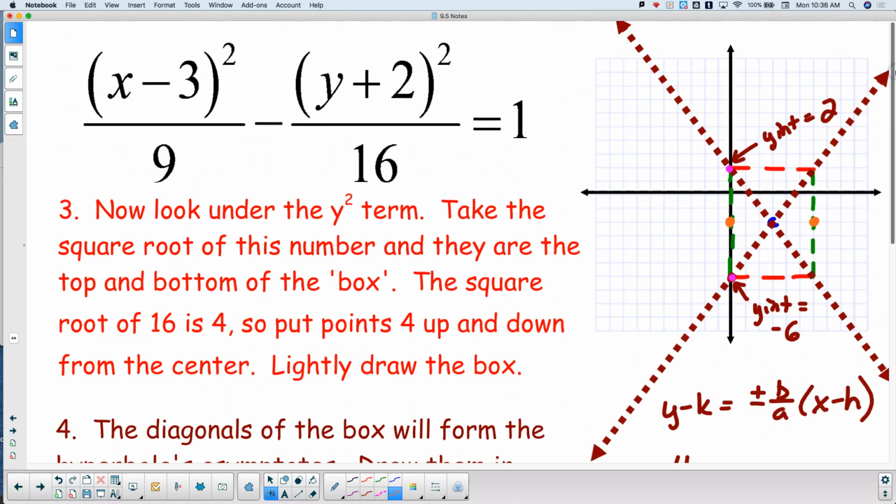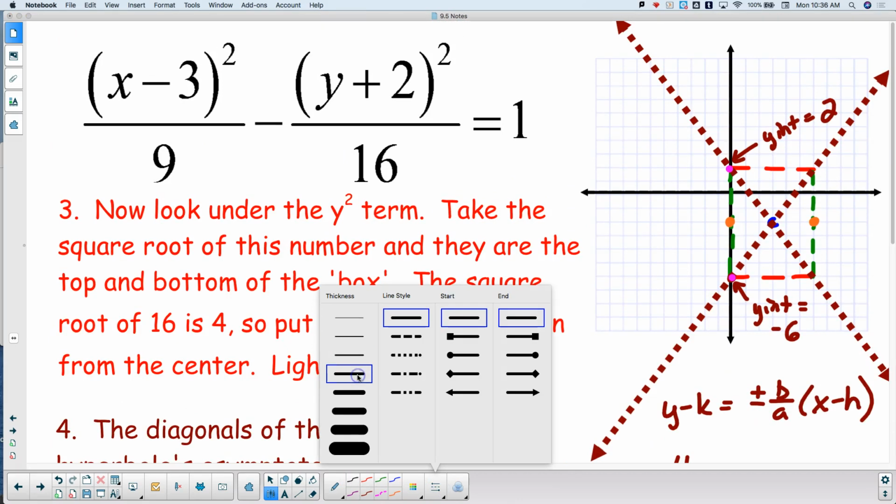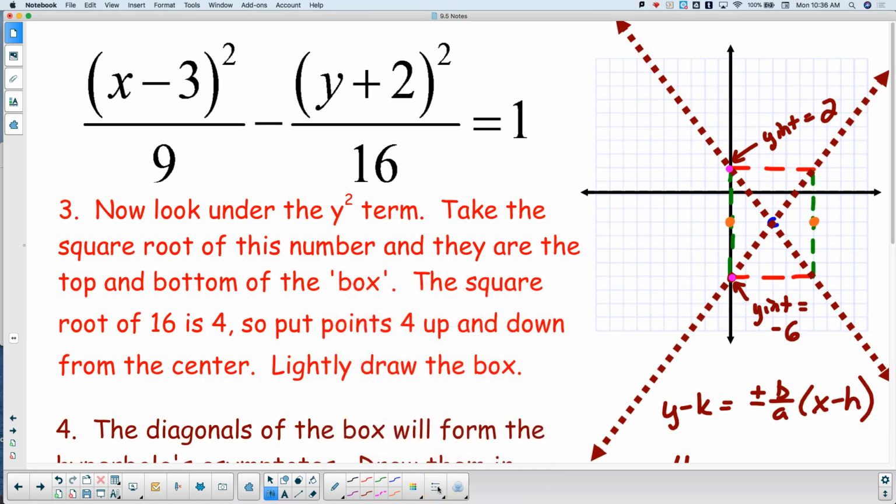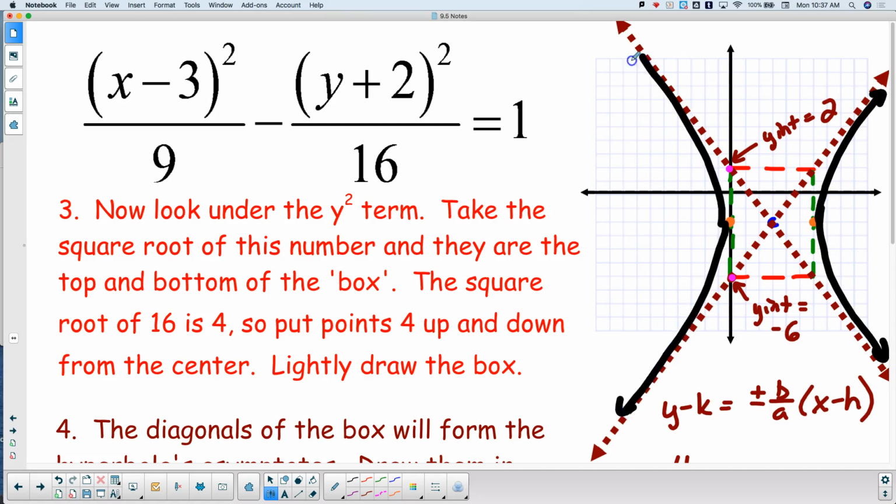It goes through the vertices, and it hugs the asymptotes. So once you go through the vertices, then it hugs down the asymptote, and that's why everybody's is going to be the same. Because they're all going to end along the asymptote.